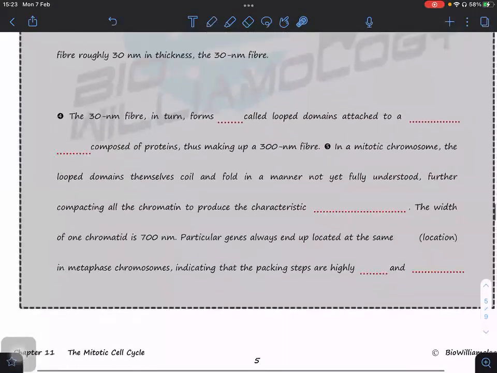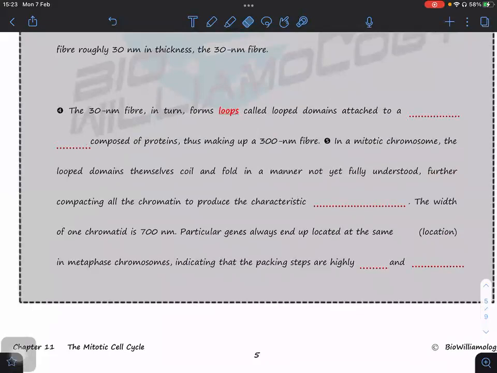This fiber then forms loops, called loop domains, attached to a chromosome scaffold. Scaffold means a skeleton, so we have something like a skeleton around which the chromatin coils. Because of this, they form about a 300 nanometer fiber.